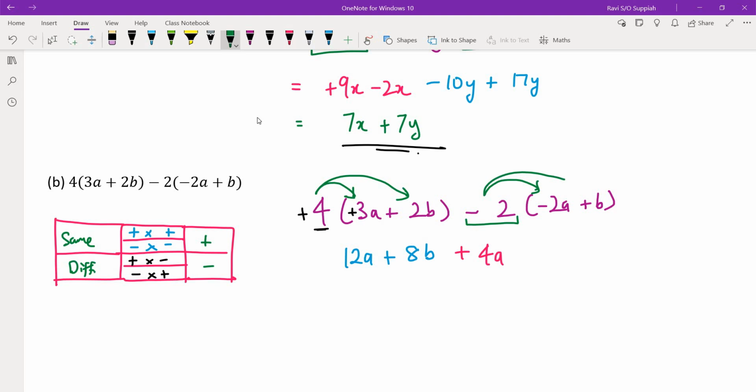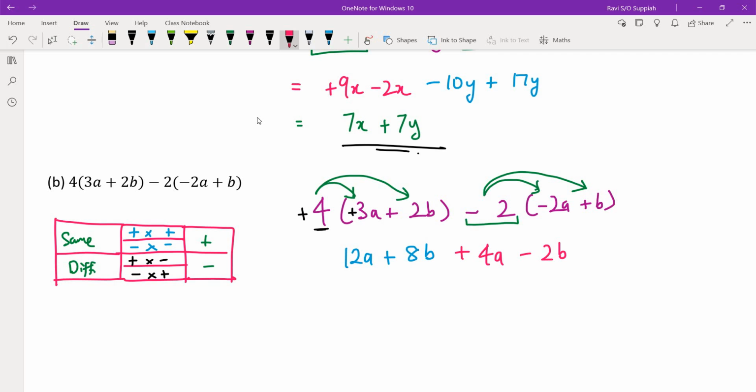And then minus 2 multiplied by plus b. Minus times plus, the two signs are different, so the answer is going to be minus. So 2 times b will be 2b.